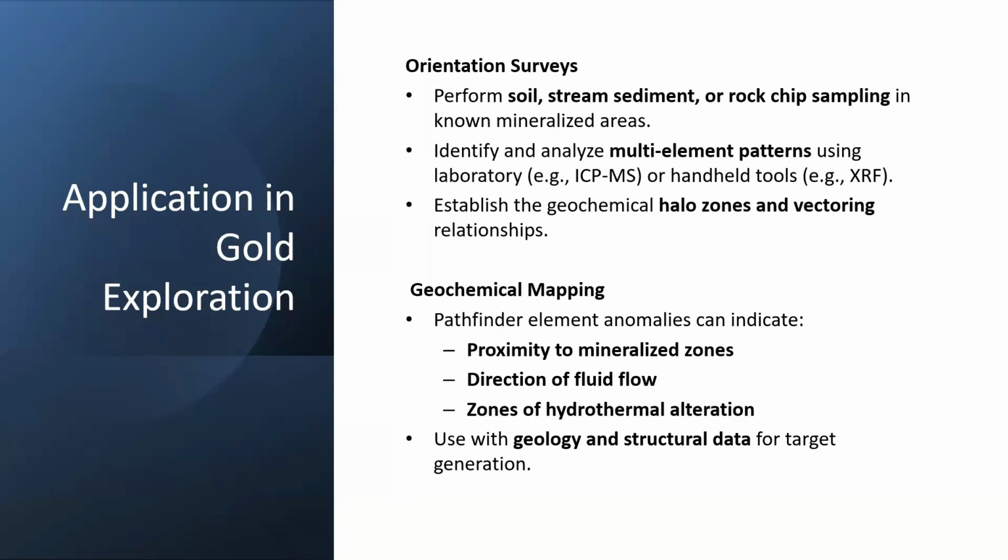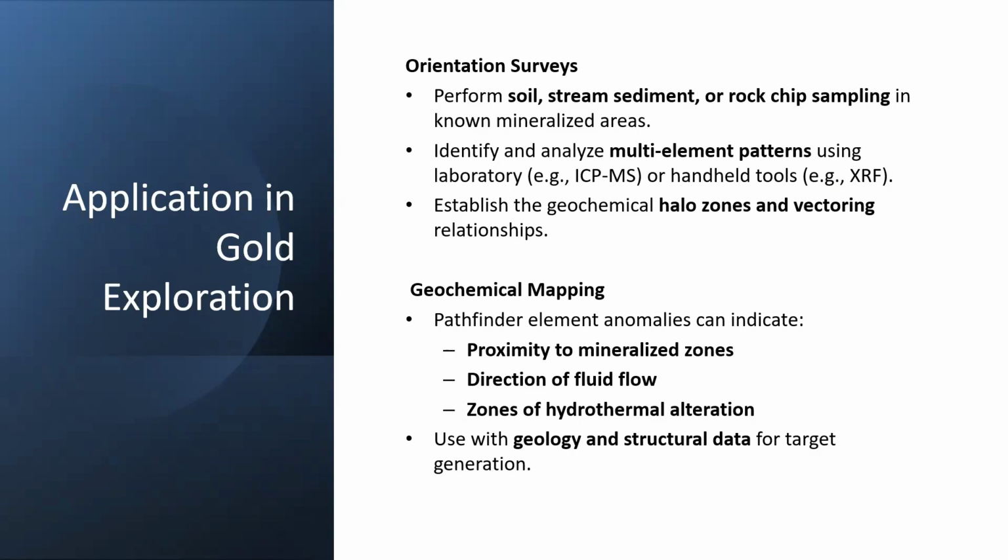Then we look at some of these applications. The orientation survey is definitely key number one. Last time we talked about the grading, and the methods of carrying out systematic sampling through the soil.